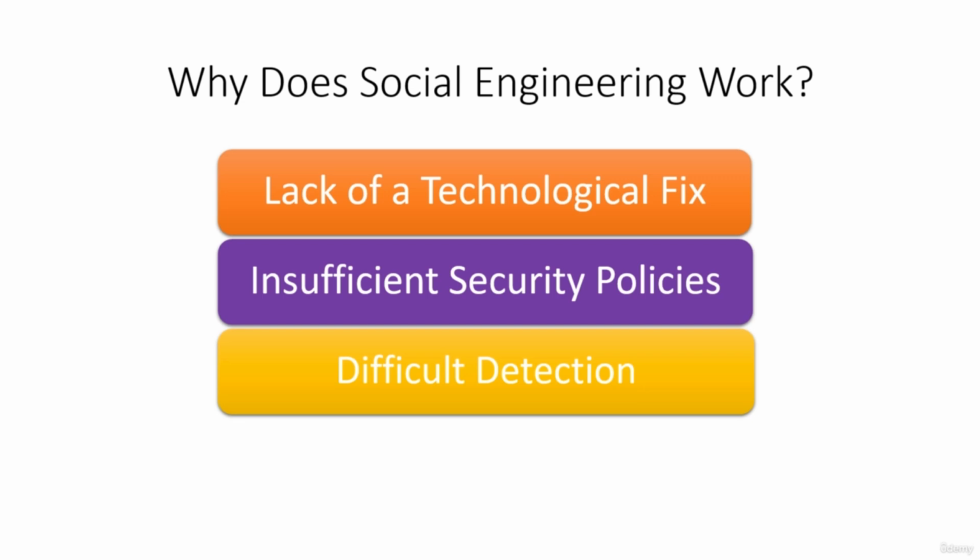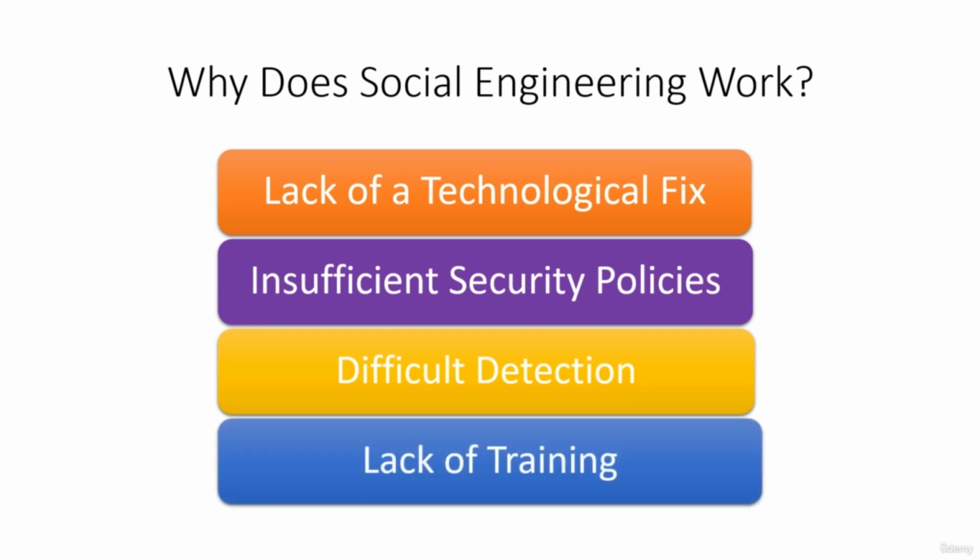Think about it: an attack against technology may leave a trace in a log file or trip an intrusion detection system, but social engineering probably won't have any of this. And the last one is lack of training. The lack of training or insufficient training about social engineering and how to recognize it can be a very big source of problems.